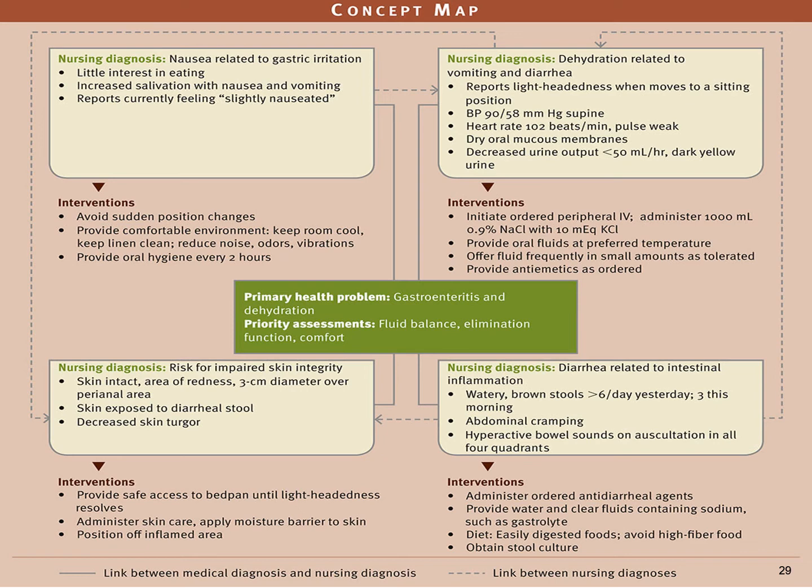Risk for impaired skin integrity. Diarrhea related to intestinal inflammation. What would be the one you would consider working on first that might be beneficial to assist in the other diagnoses?